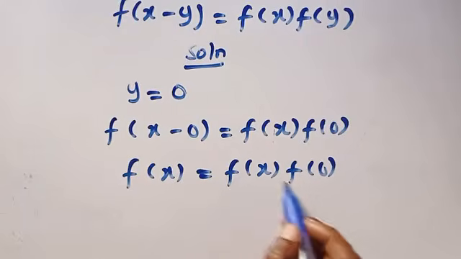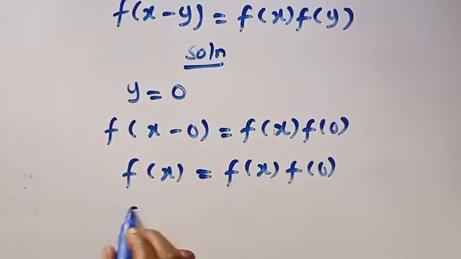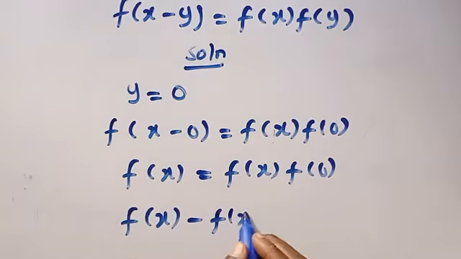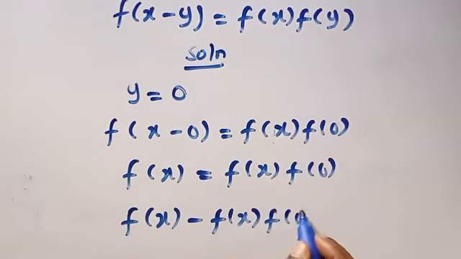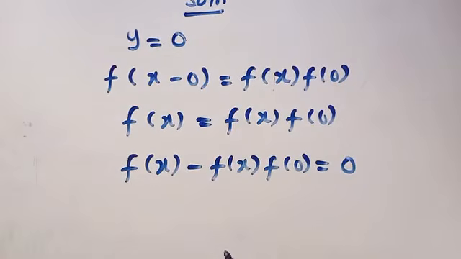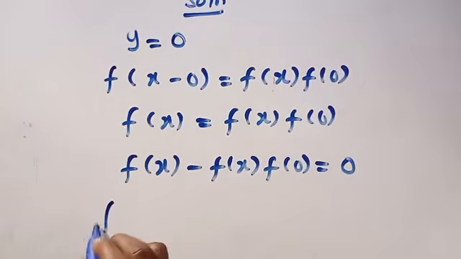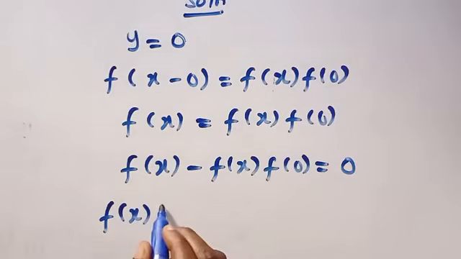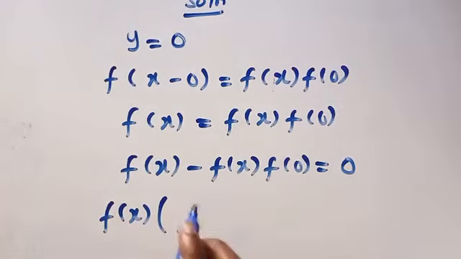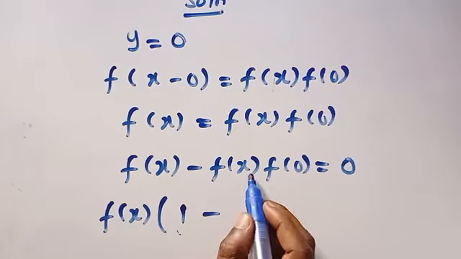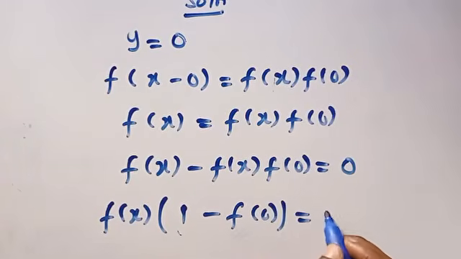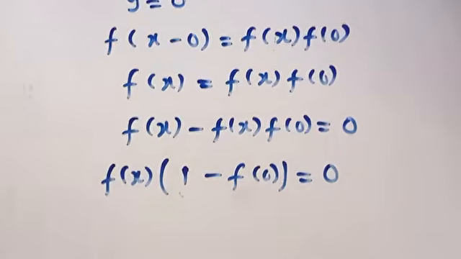What we do is collect all these to the left hand side, so we have f of x minus f of x f of 0 equals 0. Just like a quadratic, by factoring out f of x, we have f of x multiplied by 1 minus f of 0, everything equals 0.